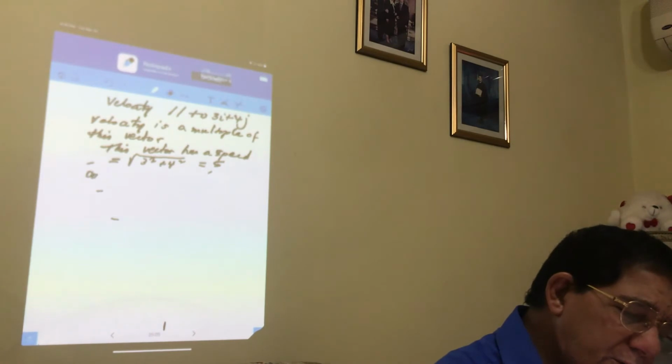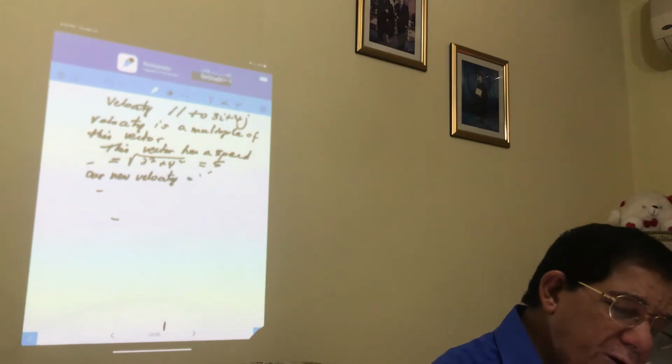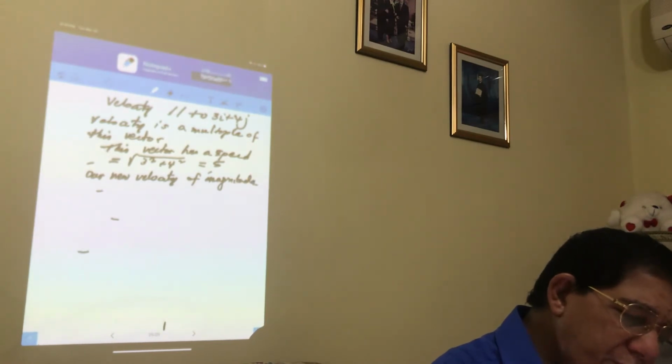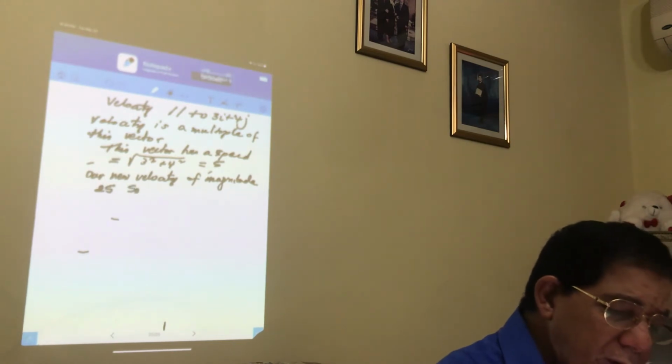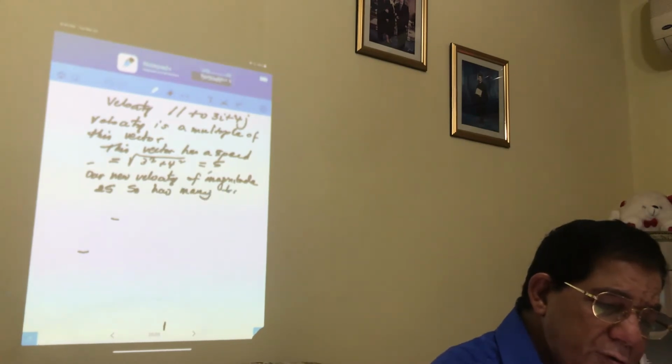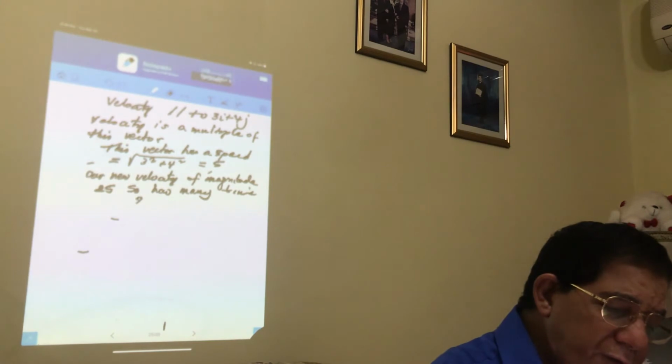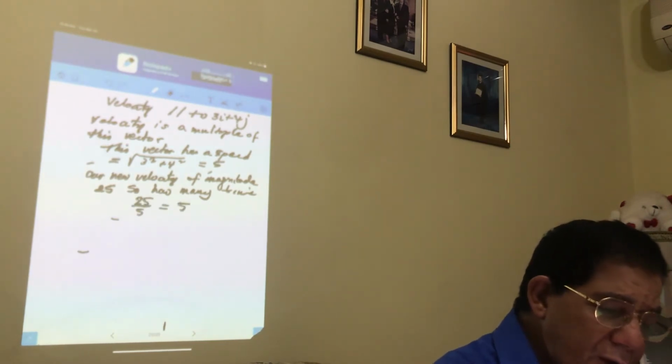Our new velocity is of magnitude 25. So how many times? 25 over 5 equals 5.